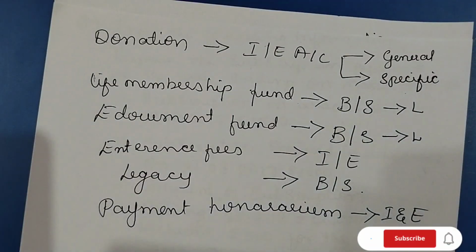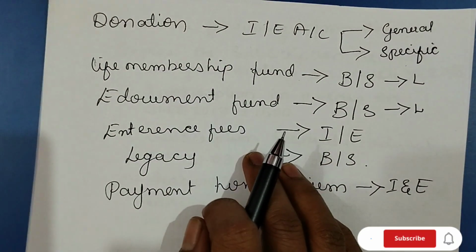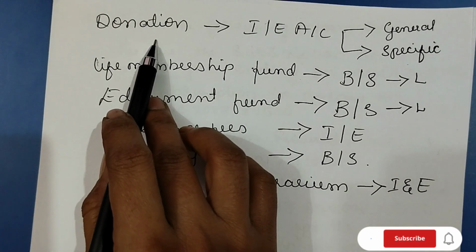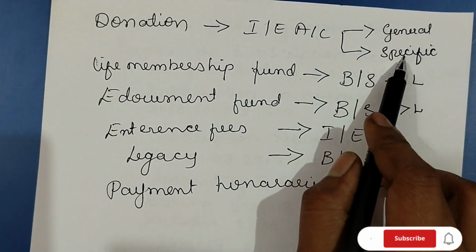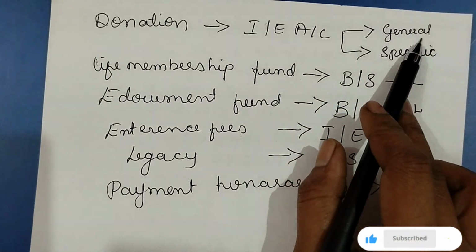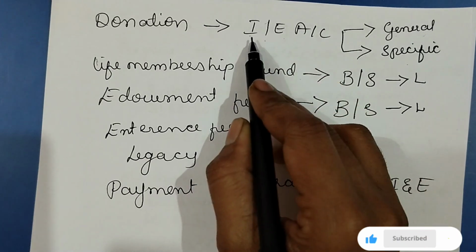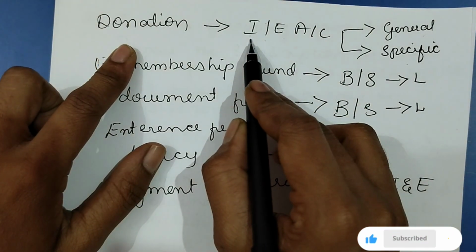Other terminologies are also very important under this NPO, that is donation, because donation is an income for the NPOs. For donation also, we have general and specific purposes. When it is general, we record it under the income and expenditure account under the head of incomes, because donation is an income for the NPO.